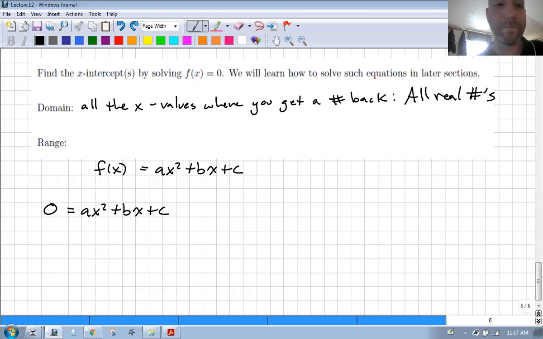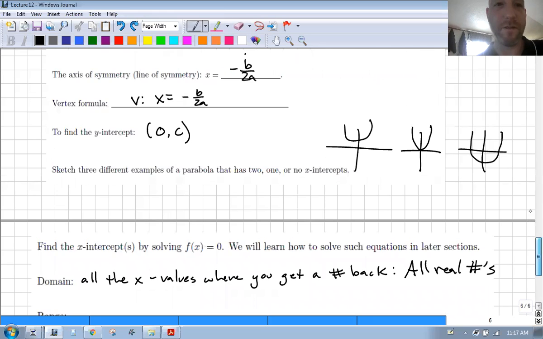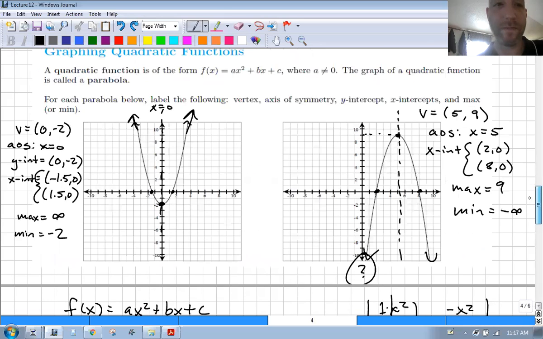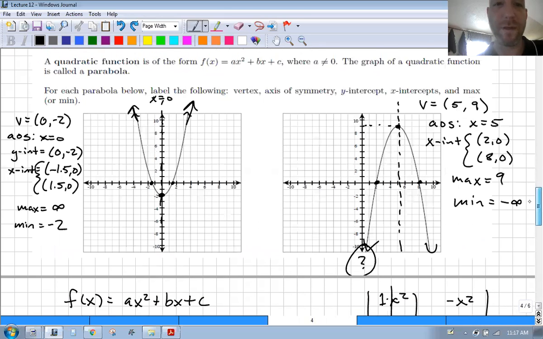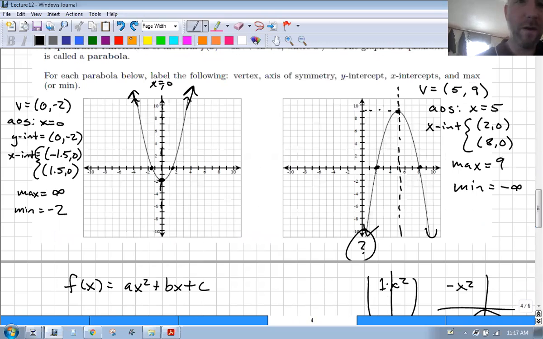Okay. Your range here. Are they still talking about these up here? Maybe they're still talking about these. So up here, notice these arrows, they keep going up forever, right?